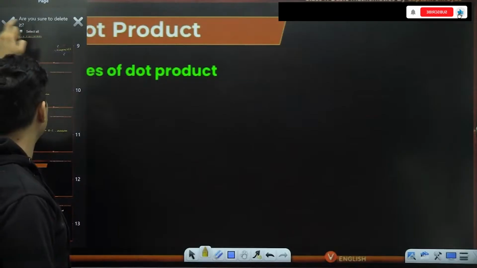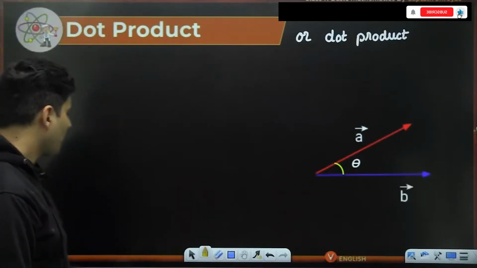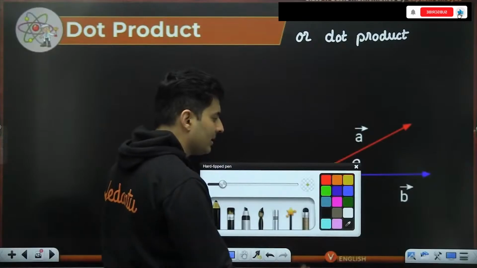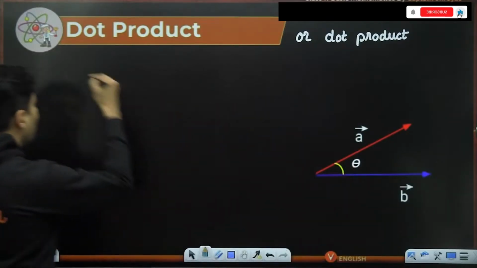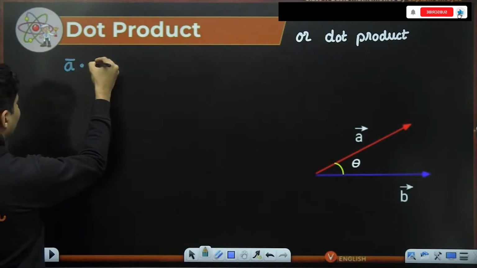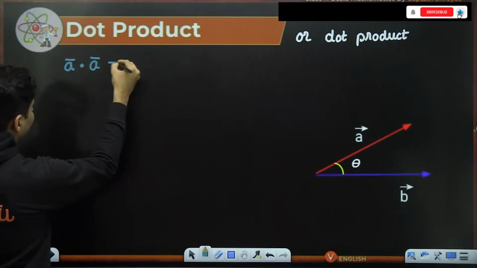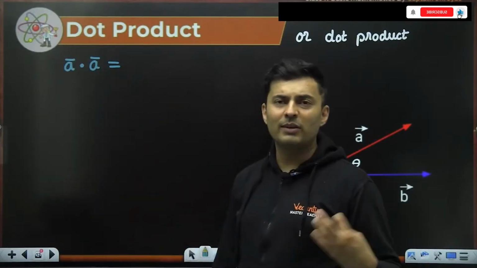Now let's take some specific examples for dot product and also see how it comes out. Say for example, somebody decides, okay, I want to take the dot product of A vector with the vector A itself. What is the meaning of taking the dot product of A with vector A itself?